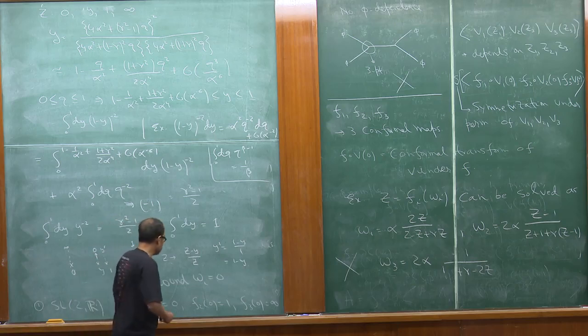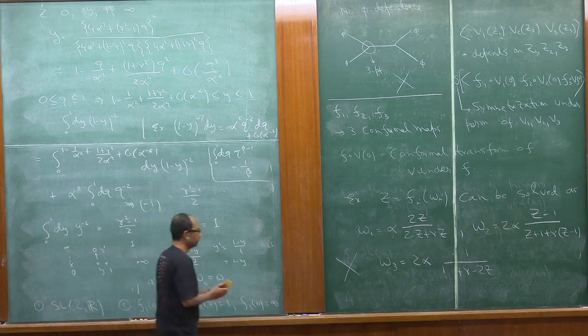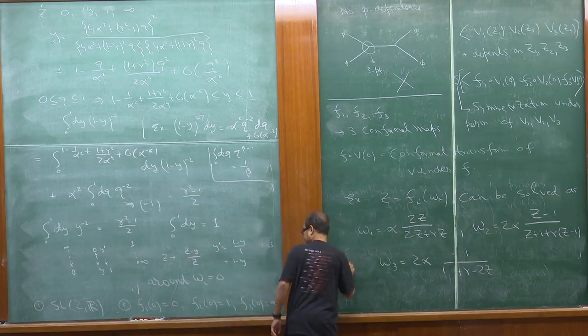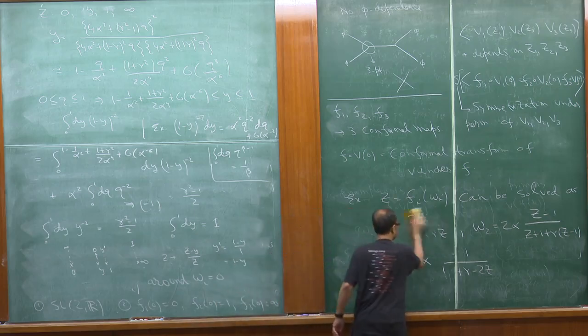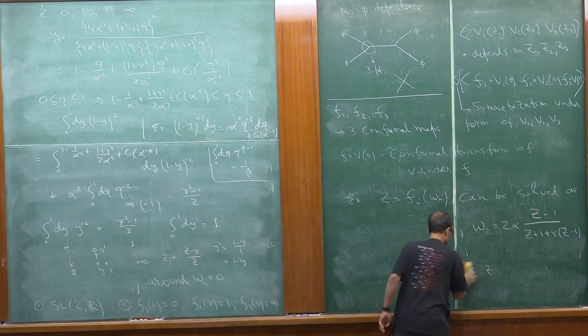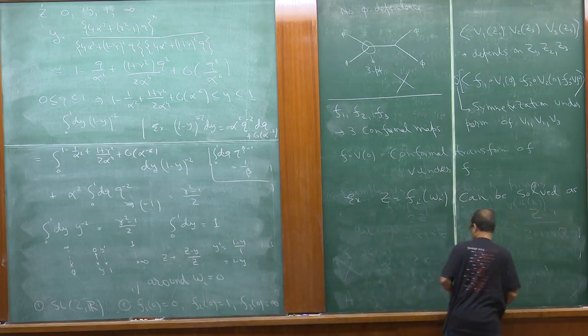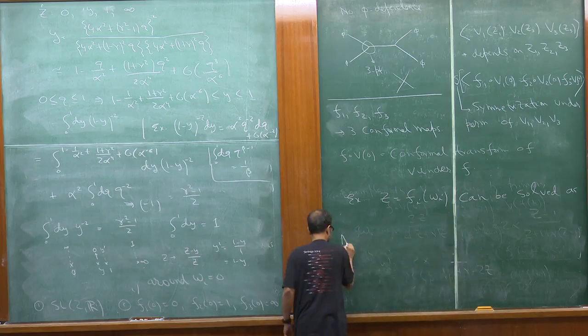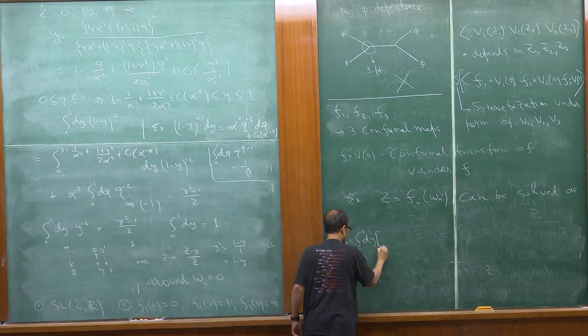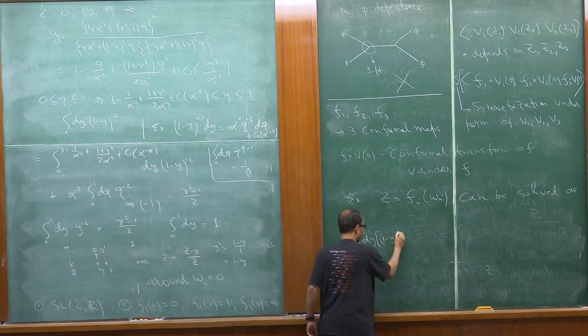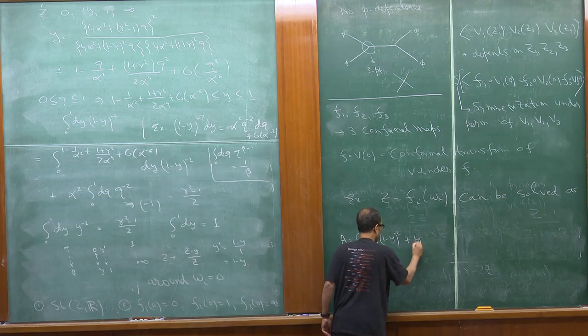Because the amplitude has the full integral, right? So the amplitude expression that we had was the integral from 0 to 1 dy of 1 minus y to the minus 2 plus y to the minus 2 plus 1.